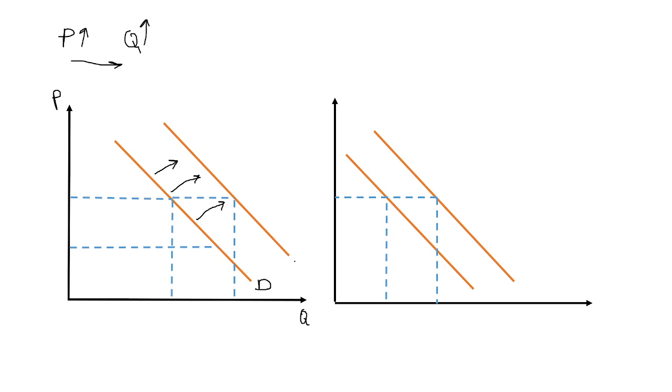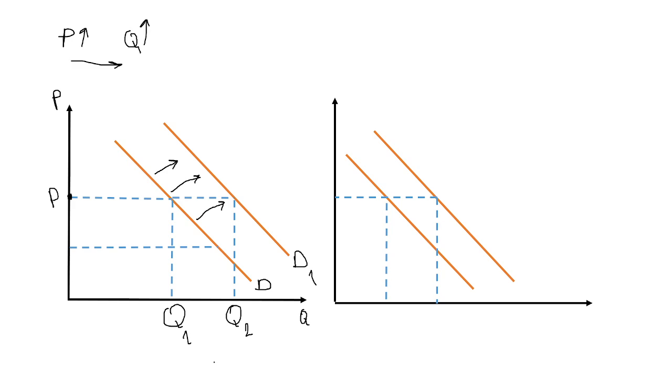And we have a new demand curve for Coca-Cola that is shifted to the right, and as you can see, at the same price we experience an increase in the quantity demanded from Q1 to Q2.